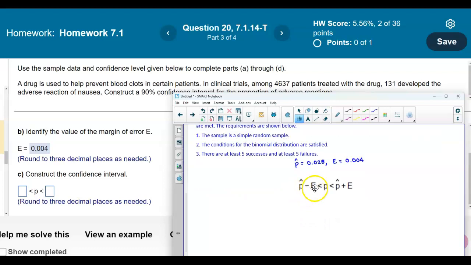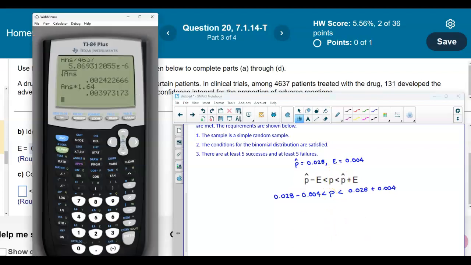So now let's go ahead and use that to find the confidence interval. So we're going to take the point estimate of 0.028 and then subtract the margin of error of 0.004. And then on the right side, we're going to do the same thing, 0.028, but now we're going to add the margin of error.